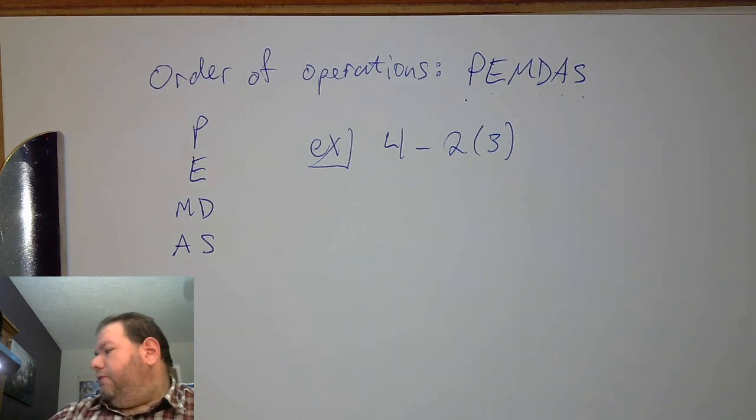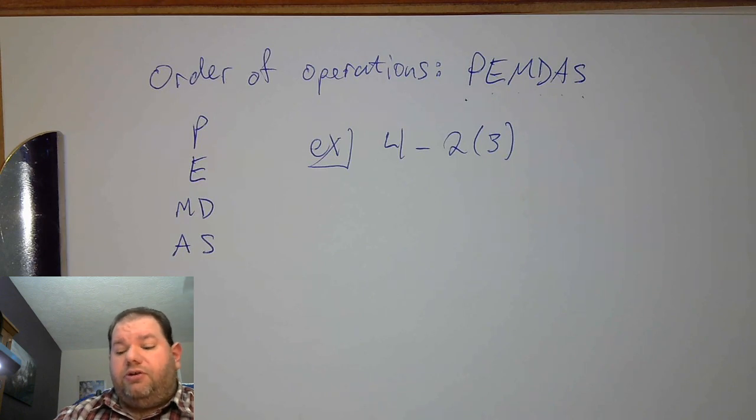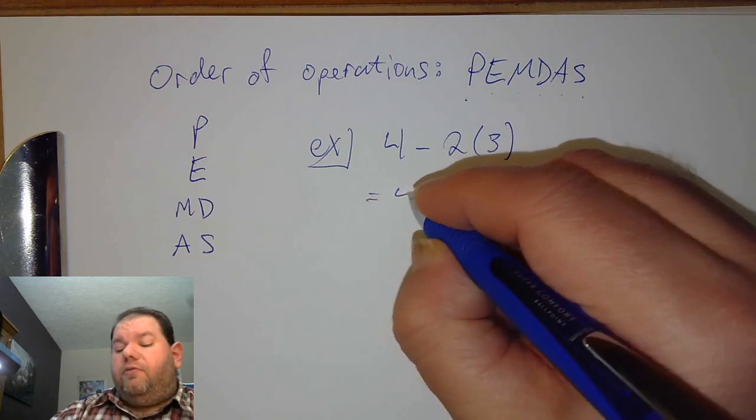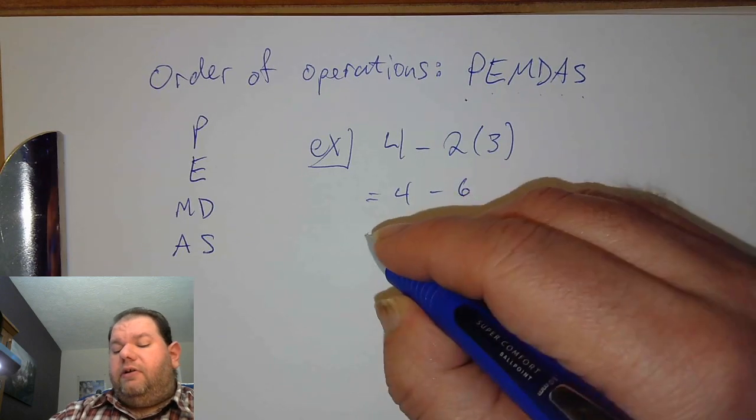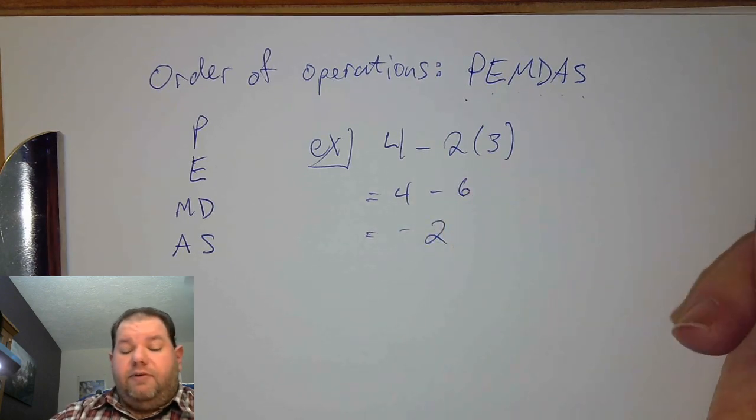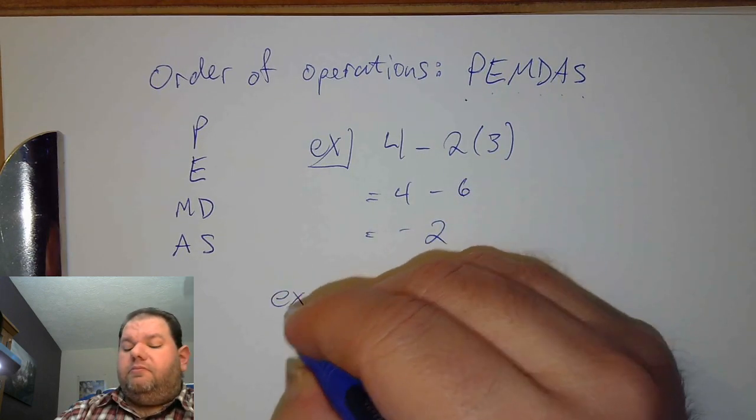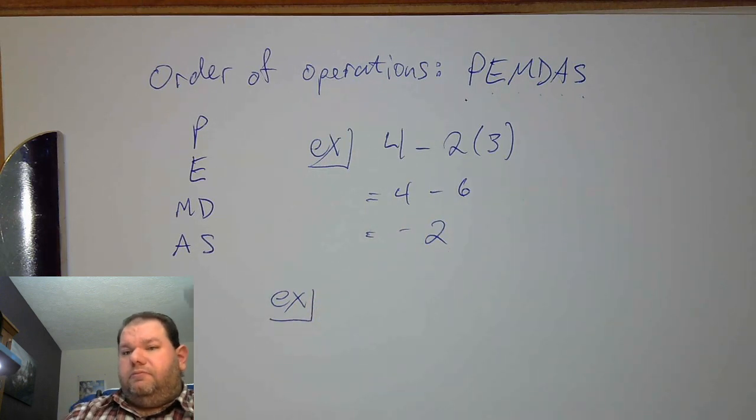So for example, if we just have 4 minus 2 times 3, we know that we do the multiplication first and then the subtraction. So 4 minus 6, which gives us a negative 2.